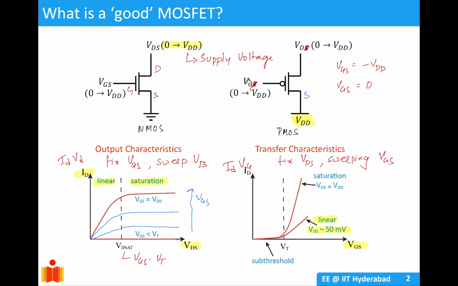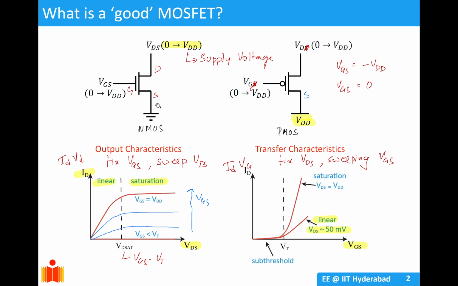And so when we talk in terms of IV characteristics, we always talk about voltage with respect to source. That means we talk about VGS and VDS, that is, gate voltage with respect to source, and drain voltage with respect to source.